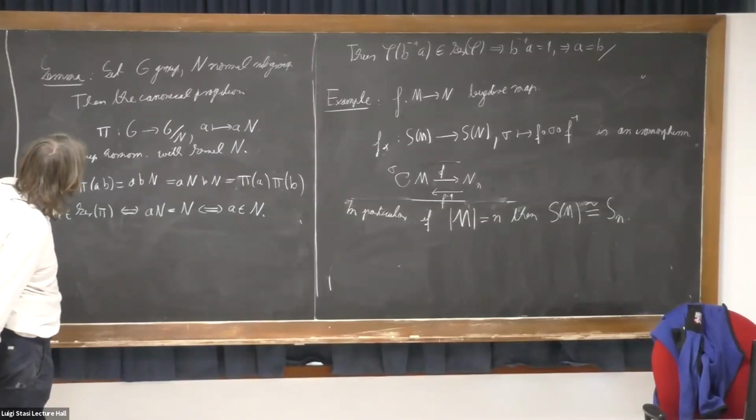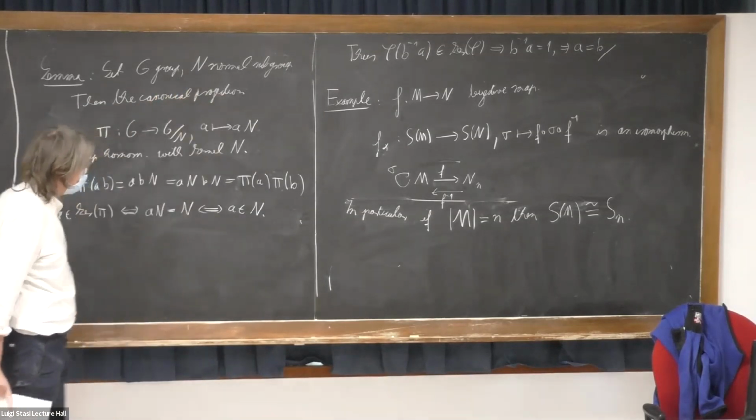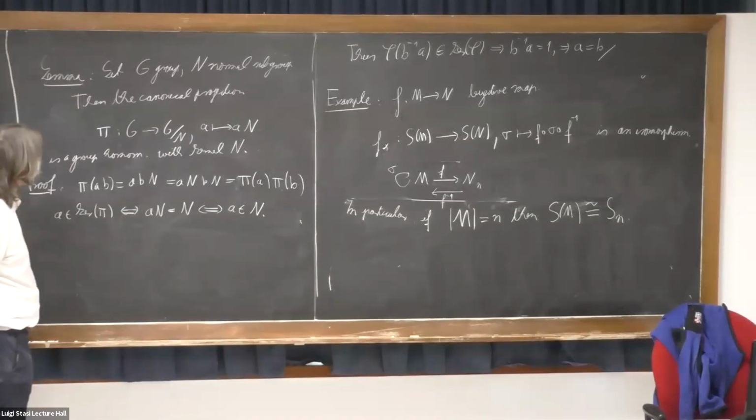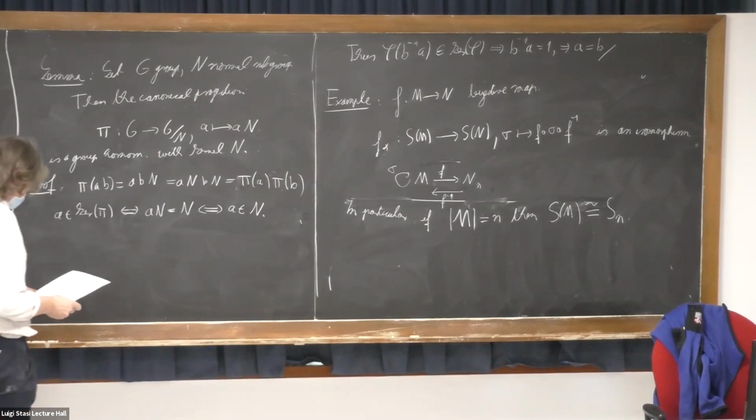In some sense, you can hope to describe the group G in terms of the normal subgroup and the quotient group. And so inductively, you can simplify your problem. This works as long as there is a non-trivial normal subgroup. So a group is called simple if it doesn't have a non-trivial normal subgroup.